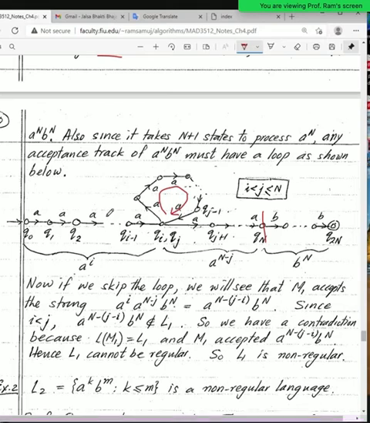So now, if we skip the loop, we will see that M1 accepts this string, A to the I, and then you skip that loop, and this is A to the N minus J, B to the N, which is A to the N minus J minus I. Remember, I and J are where you go until something repeats itself for the first time.